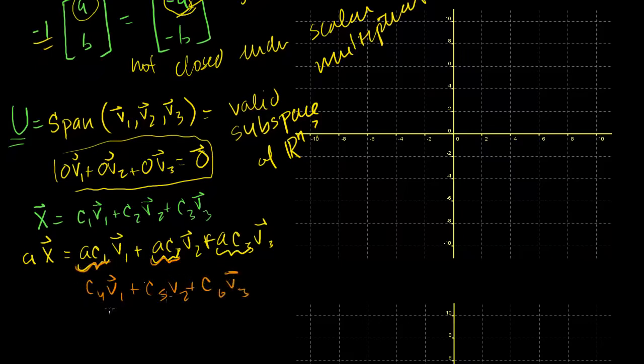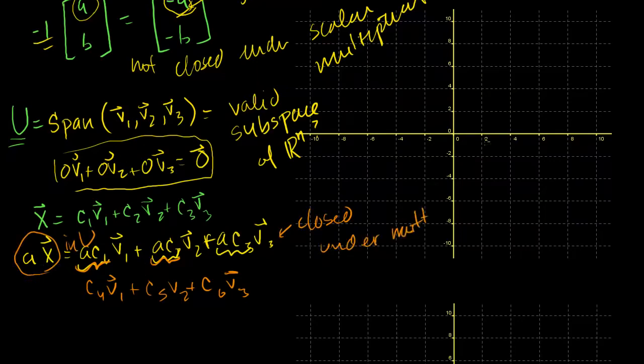This is clearly another linear combination of these 3 vectors. The span is the set of all linear combinations of these 3 vectors, so this is also in the span, also in U. So it is closed under multiplication.